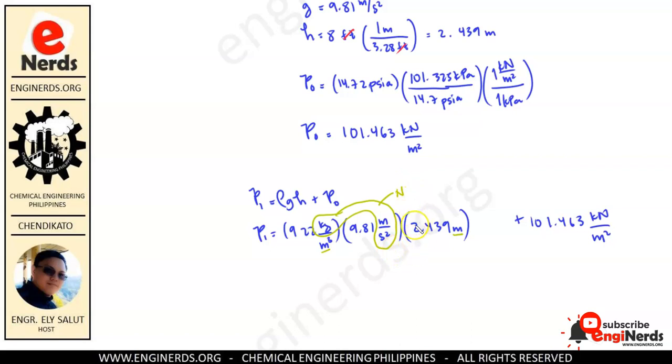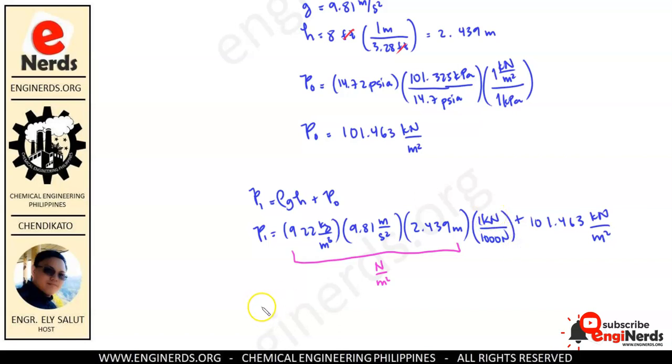Therefore, our denominator will be in meter squared. Therefore, our unit in here will be in Newton per meter squared. Pero para mai-add natin siya dito, kailangan naka-kilonewton per square meter siya. So, therefore, we have to convert our Newton into kilonewton. 1,000 Newton, 1 kilonewton. Okay?